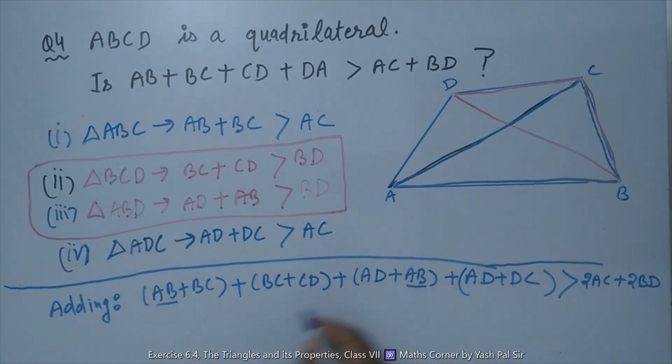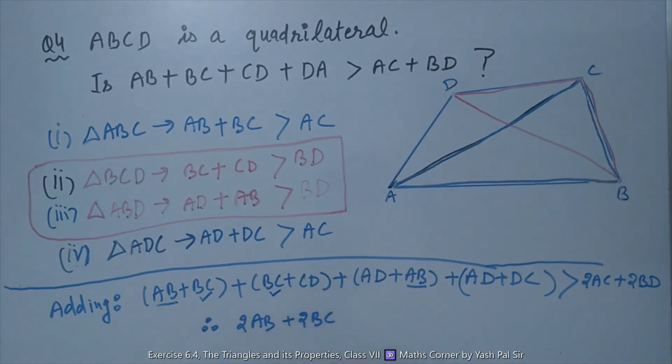Right? Again, on the left side, this is AB. This is also AB. So this becomes 2AB. Next time, this is BC. This is also BC. So we have 2BC. Next, this is CD. This is DC. DC, CD, that is the same thing. Plus 2 times CD.